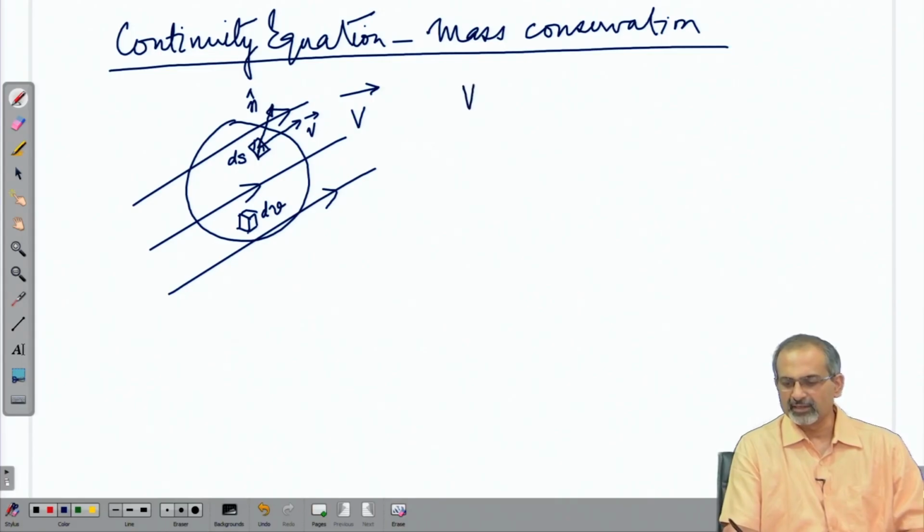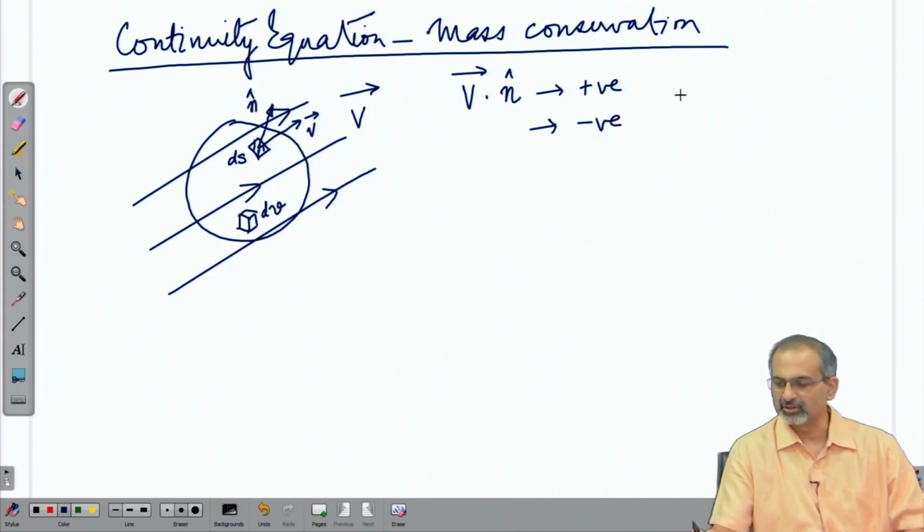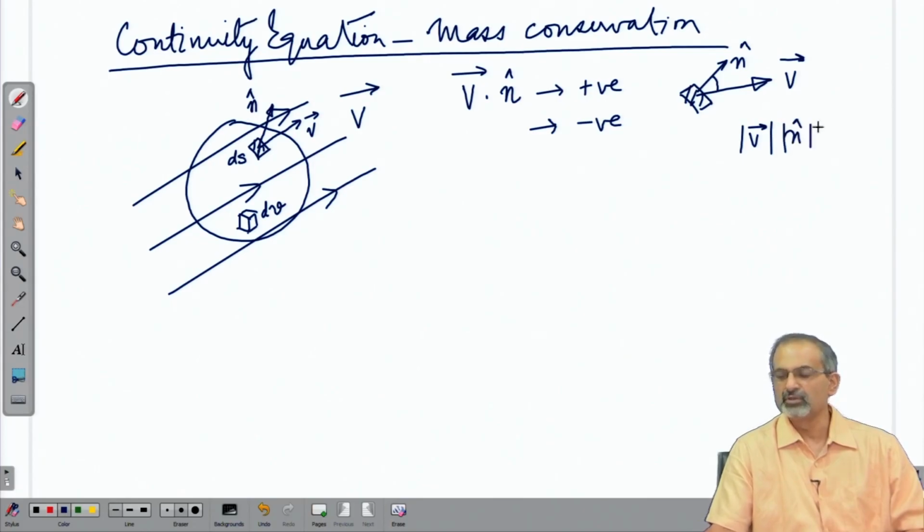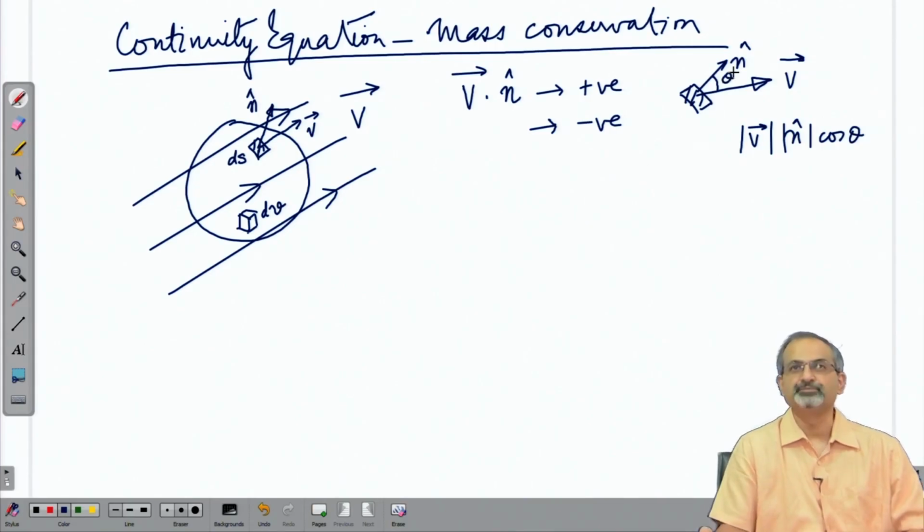And therefore, as you can understand, when it is leaving the control volume, the V dot n would yield a positive value, while when it is entering the control volume, it will have a negative value. It is just because when it leaves the control volume, if this is your unit normal vector, V will point in some direction out of the control surface, and therefore the dot product gives you the mod of the velocity, the mod of the unit normal vector, which is 1, times cos theta, which is the included angle.